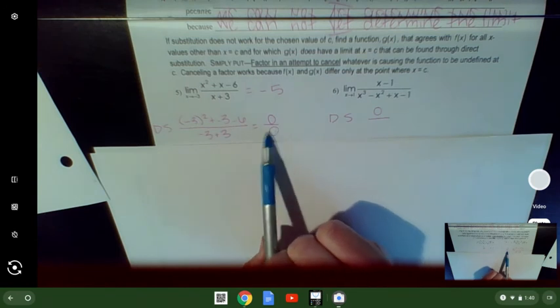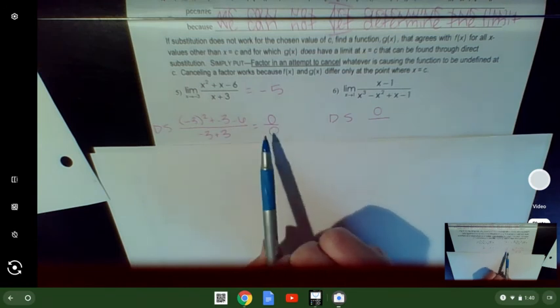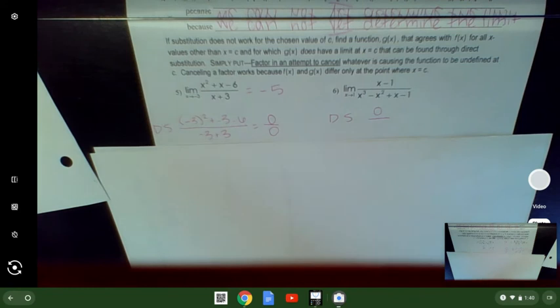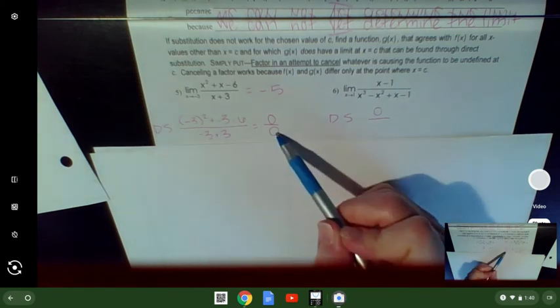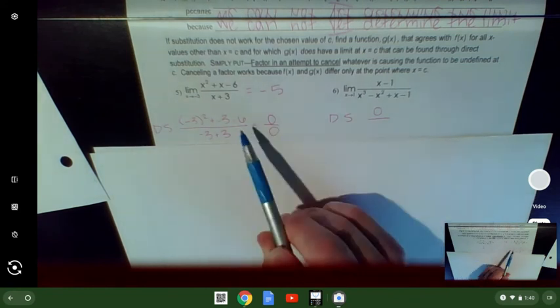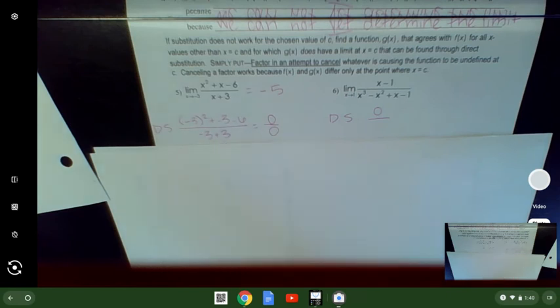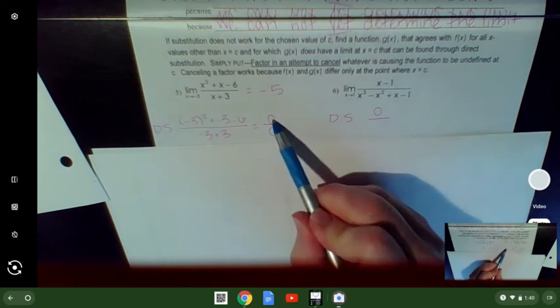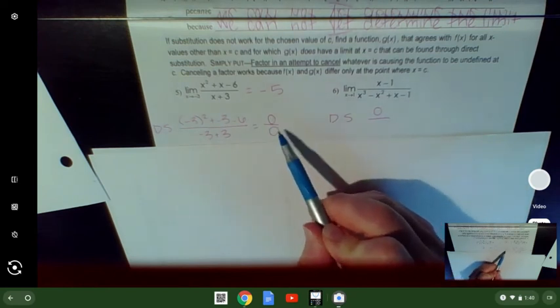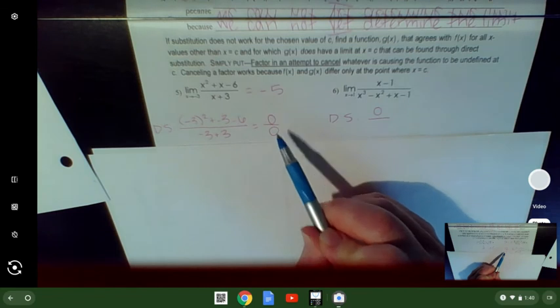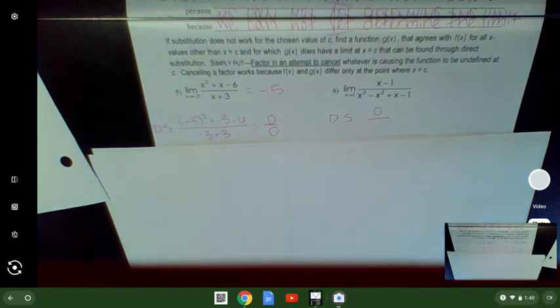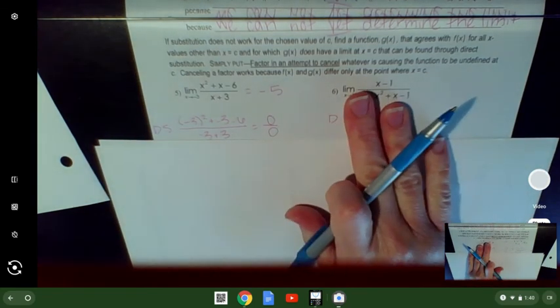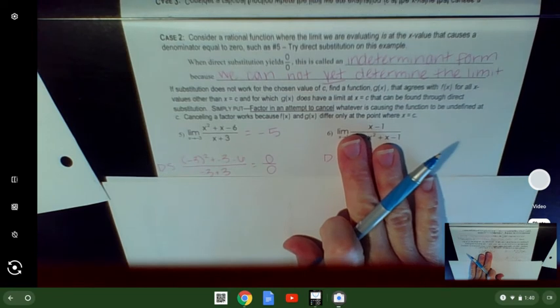And having an asymptote does mean we're heading to an infinity, and heading to infinity means the limit does not exist. However, recognizing that you have a 0 in the denominator and not thinking about the numerator is not enough. We will talk about later on in these notes the difference between having a 0 in the numerator versus a 0 in the denominator versus both. In this case, you can see we have a 0 in both the numerator and the denominator. This is something that is important.